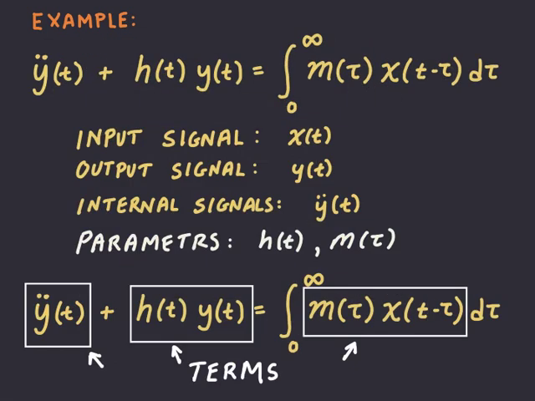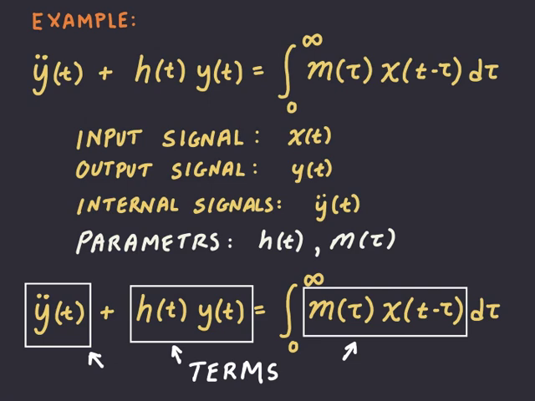Let's now do another example. So our equation is y dot plus h of t times y equals integral from 0 to infinity m of tau x of t minus tau d tau. And we're told that the input signal is x and the output signal is y.